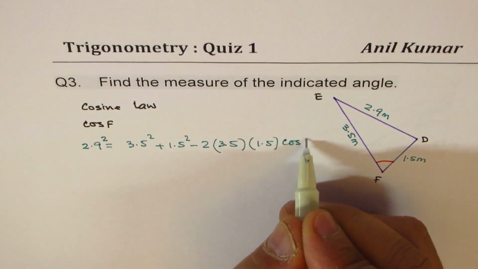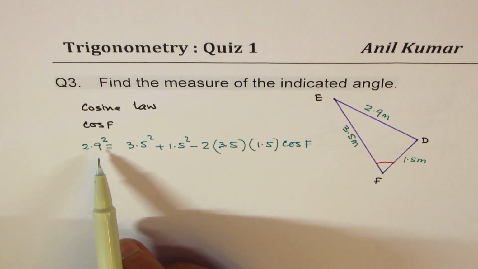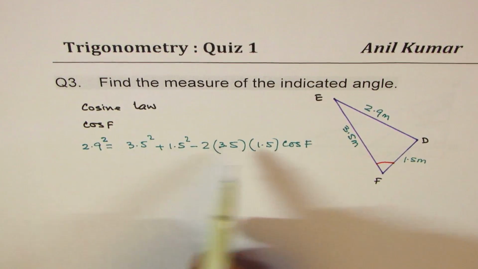So cos of angle F, right? Now if you don't remember the formula and you remember this form of the formula, that's what I'm trying to say, then you can rearrange, right?